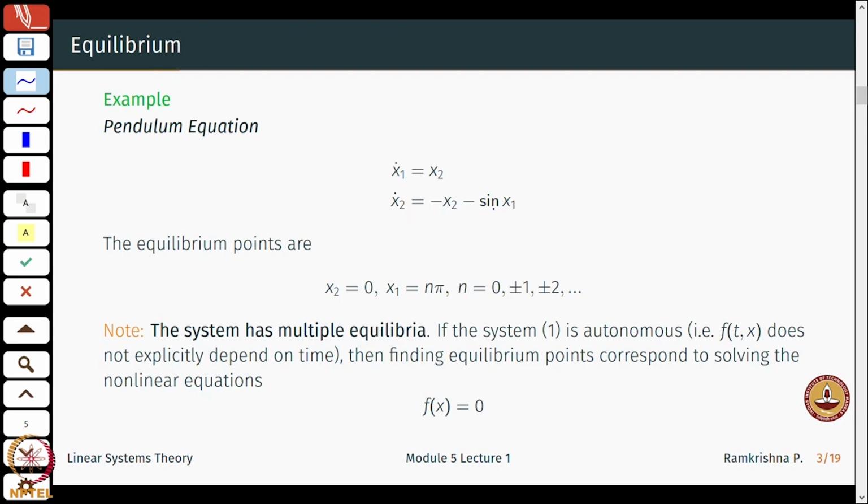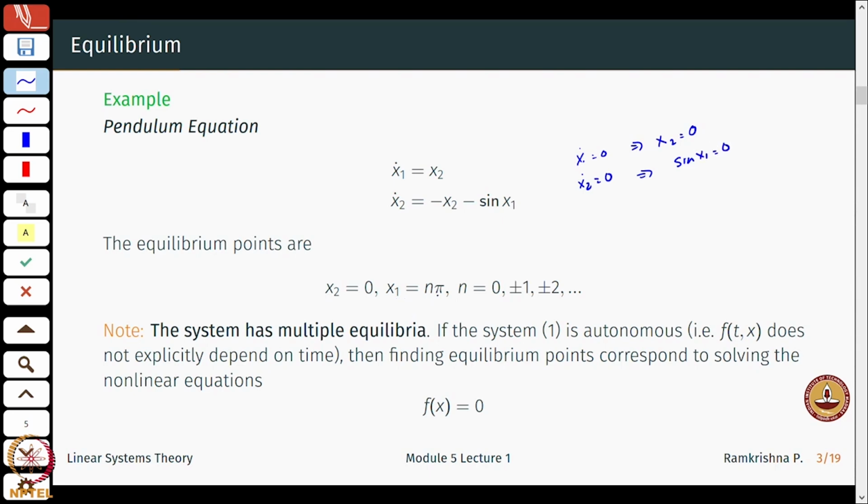Okay, so equilibrium points are one where I just say x1 dot is 0, x2 dot is 0, and so on. So what I get from the first equation is that x2 is 0, which is kind of okay to check, that the velocity would be 0 at the equilibrium, and this would mean that sine of x1 is 0, which means it will have a variety of solutions, right.